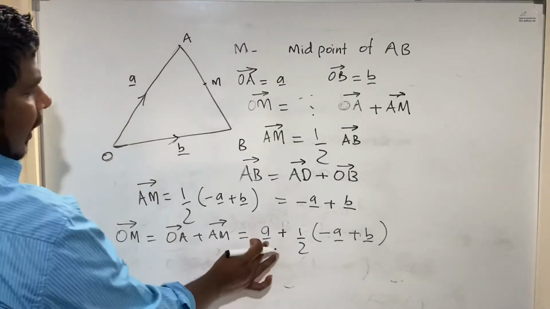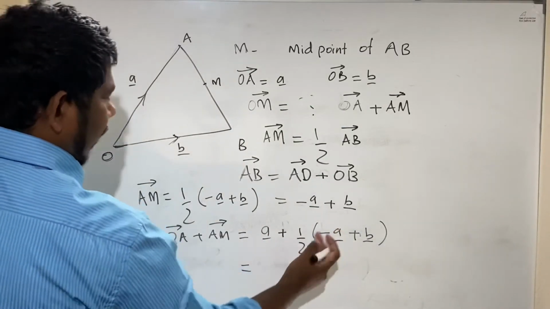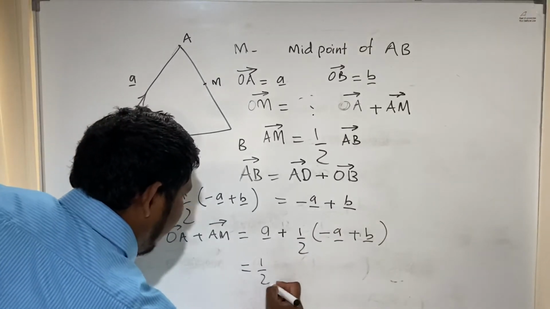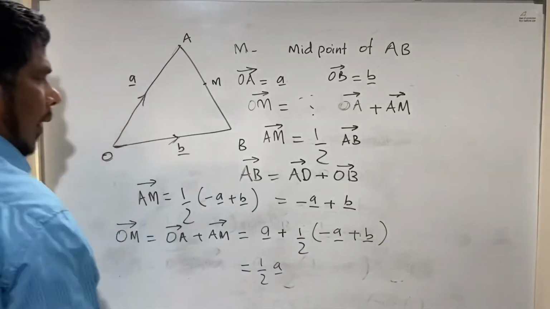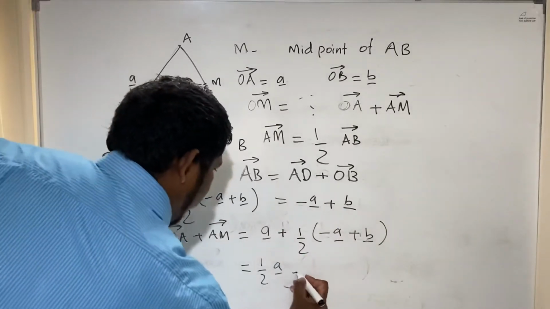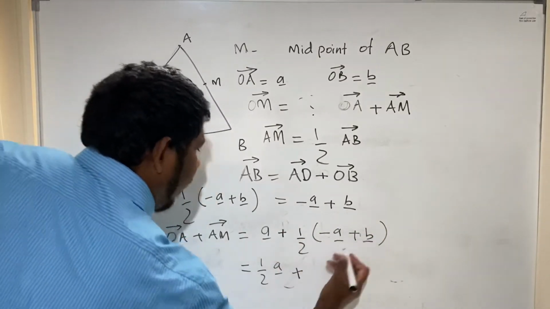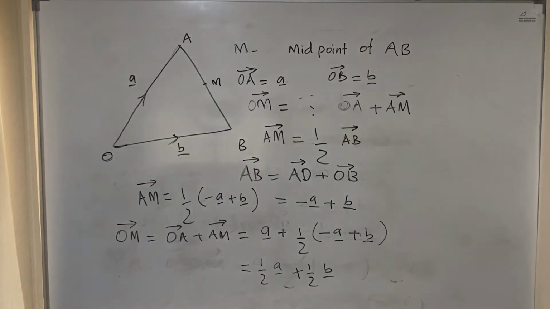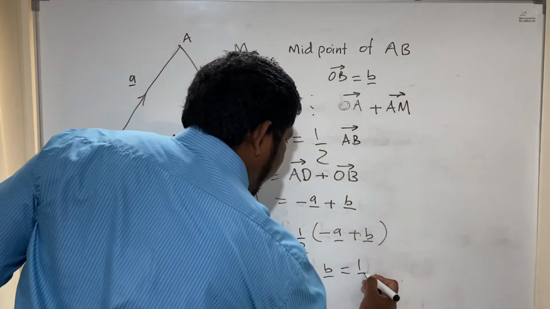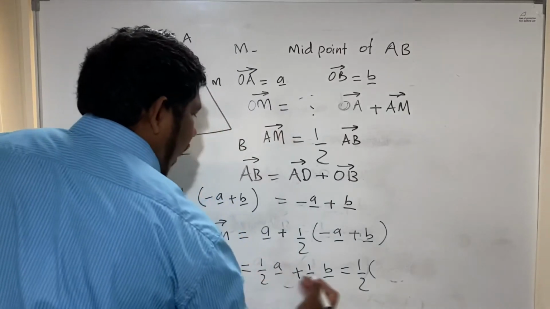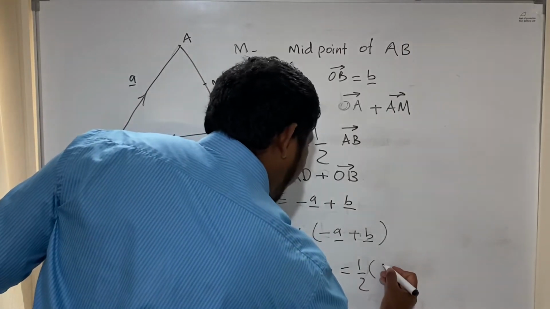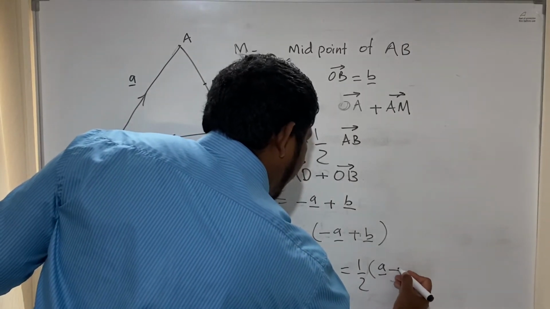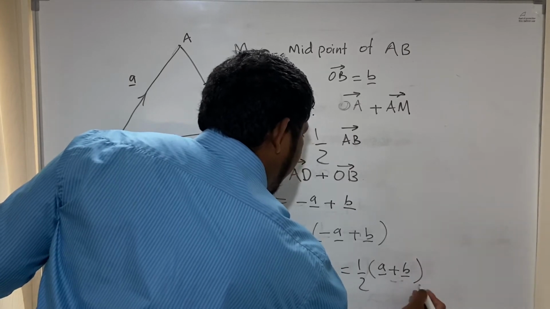It's vector A here and negative half A, so it's going to be positive half vector A plus half B. We can simplify if you want. You can take the half outside of the bracket, so it's going to be half bracket vector A plus B.